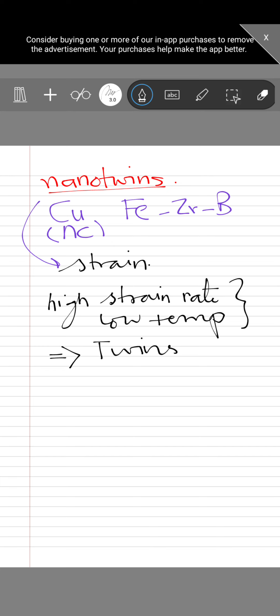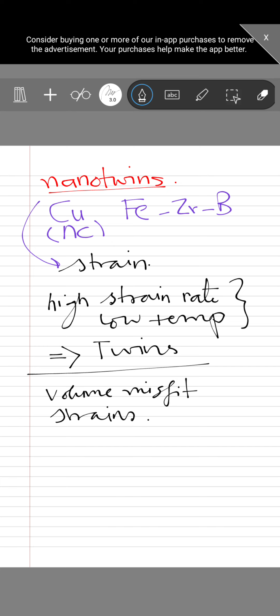Now, during the crystallization of liquid metals, it is expected that the volume misfit strains can be easily accommodated in the liquid phase. So, volume misfit strains during crystallization are very much absorbed or accommodated in the liquid phase.